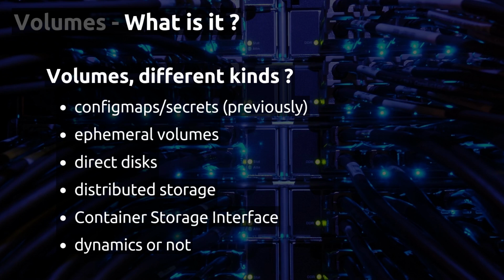We will see direct disk, so using directly the disk that we have on our local host, because when you run a pod and a container on a specific host, you can use the disk that you have on the same host. Or you can use a distributed storage engine like Ceph or maybe GlusterFS, or NFS, of course.